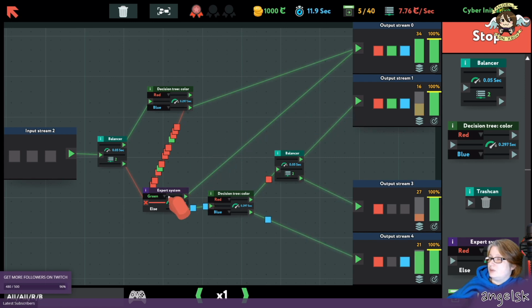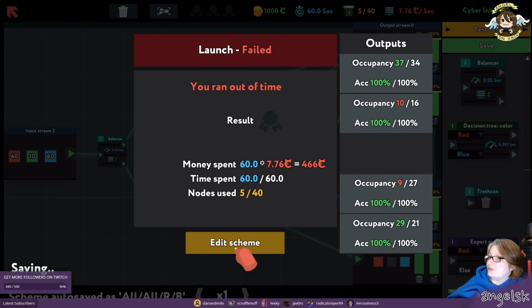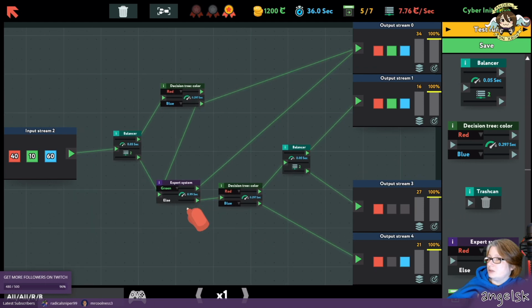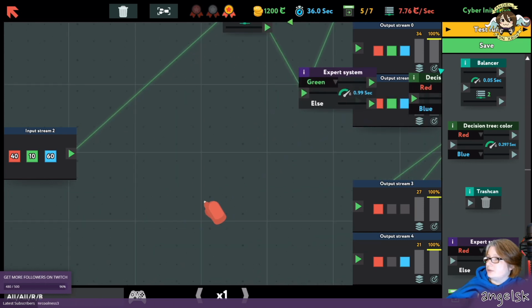My green split is stalled. Does it run out? I ran out of time. Okay, so that was fine. So bottom and top are fine. It's the two middles that got stuck because this was not ideal.